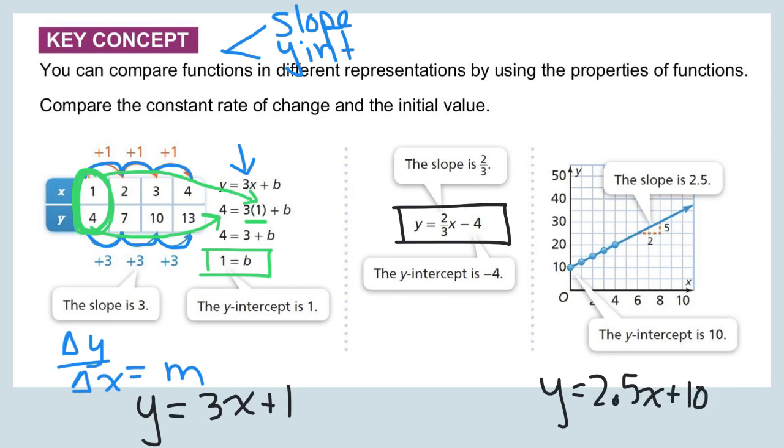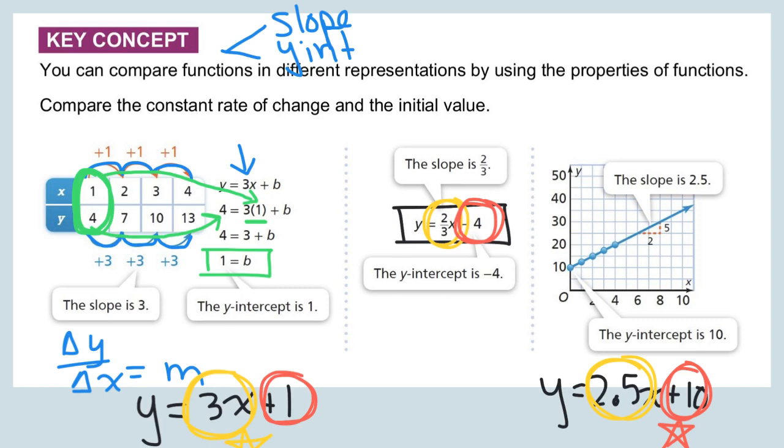When you are comparing these, you are just comparing slope, slope, slope. The one with the biggest slope is the first one. And then you are comparing y-intercept, y-intercept, y-intercept. The one with the biggest y-intercept is that one.